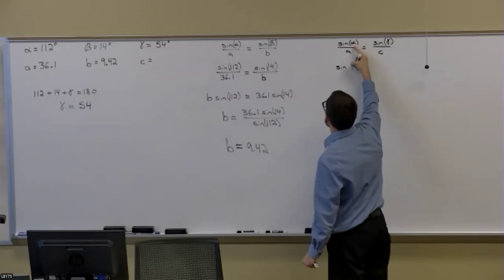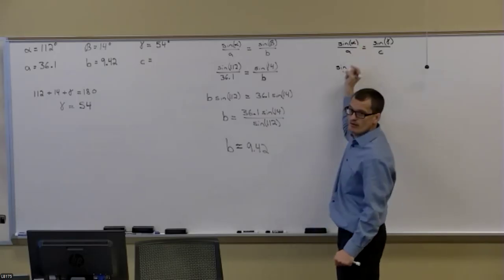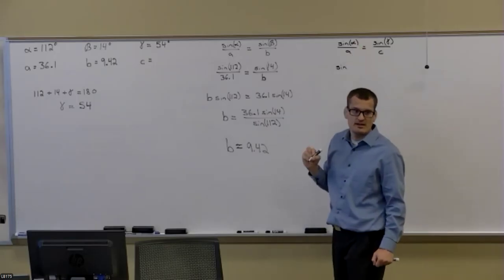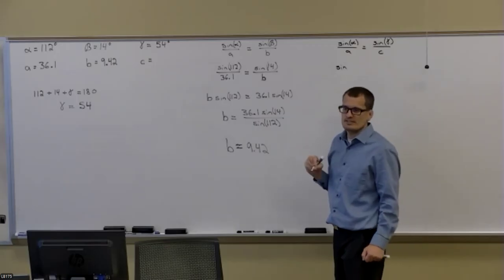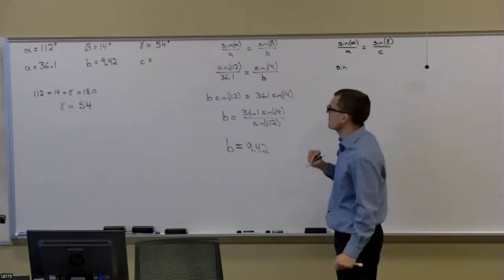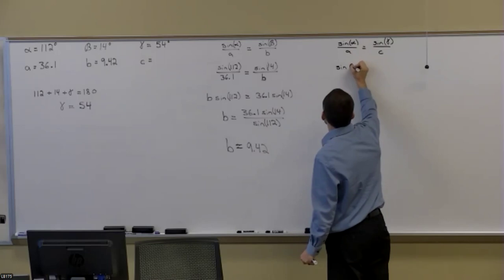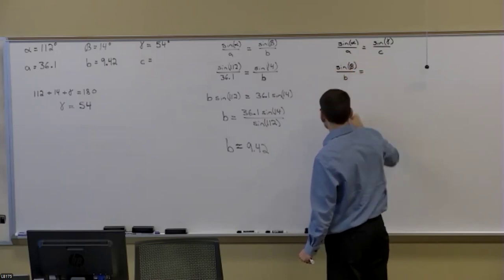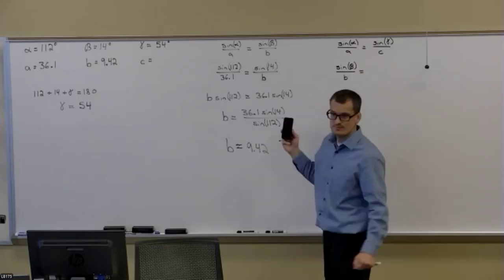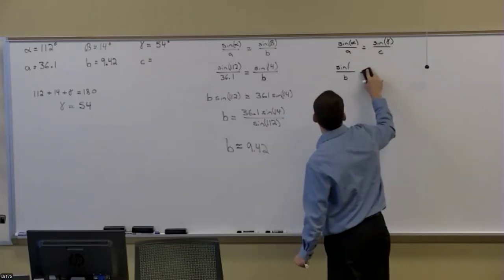But again, you could do sine of beta over B here, and you get the same C. Maybe just slightly different because of the rounding. Make sense?